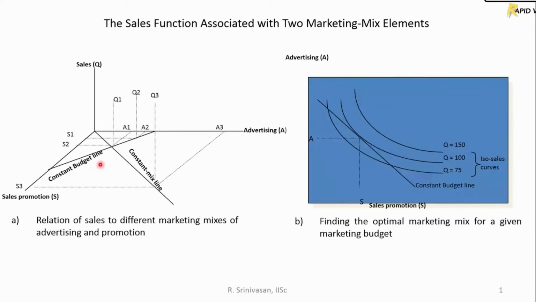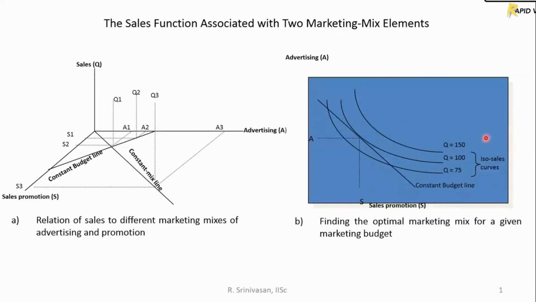Now all this could also be represented by a two-dimensional graph. That is, you have advertising on the y-axis and sales promotion on the x-axis. Now you draw the three sales curves, that is Q equal to 75, Q equal to 100 and Q equal to 150. Now in order to get the corresponding combination of A and S for this sales quantity, what you are going to do is draw a tangent to each of these isosales curves.